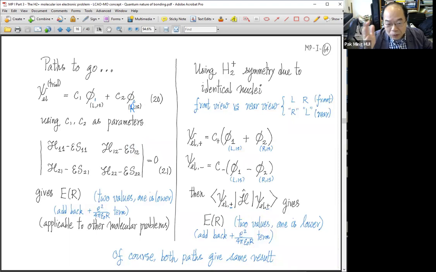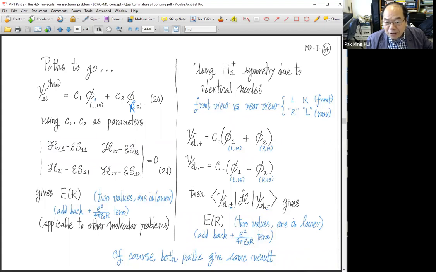But just to show you that it can be done, okay? So all these elements can be evaluated. Therefore, you can find 2 values for the energies. You plug in different R's, you see whether there's a binding curve. Of course, the answer is yes, because H2+ exists.